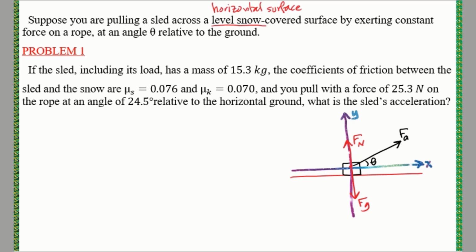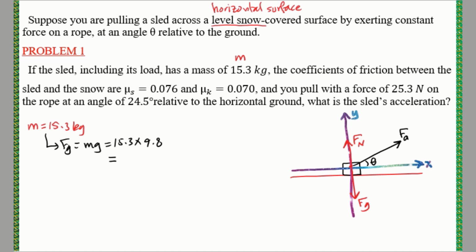If the sled, including its load, has a mass of 15.3 kilograms, from the mass we can get the weight. Fg equals mg, and we can find its magnitude by substituting 9.8 for the gravity.